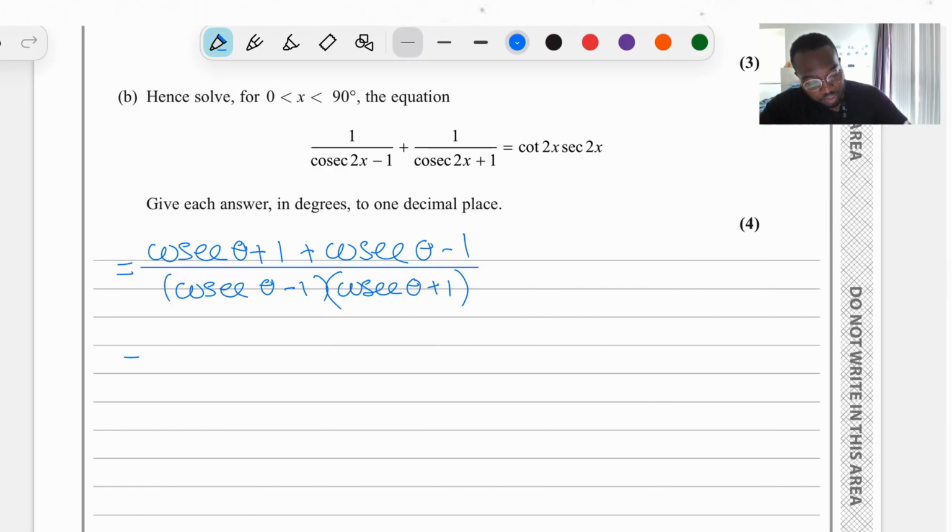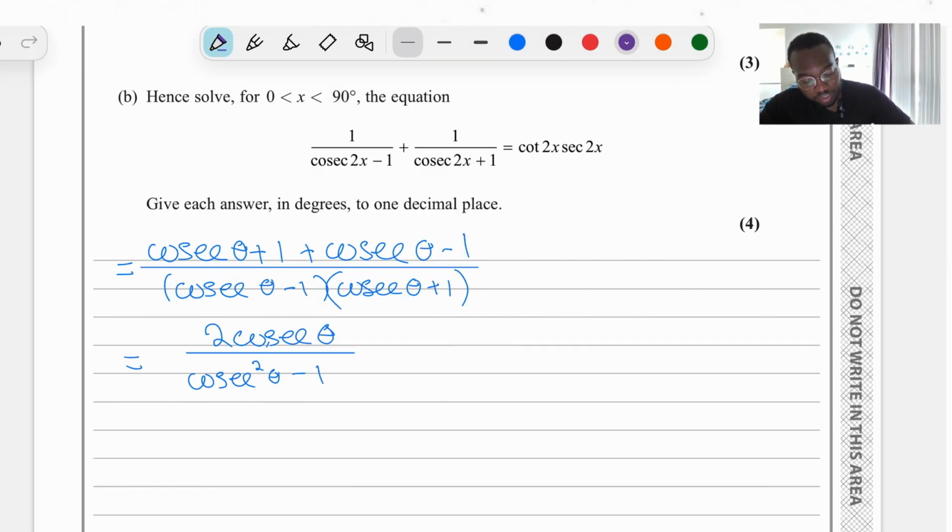Now, next stage. If we do the numerator first, the 1s will cancel out, and then we can add the cosec theta together. So we have 2 cosec theta, over cosec squared theta minus 1. Now we've done all of that. Next stage, what do we know about this?